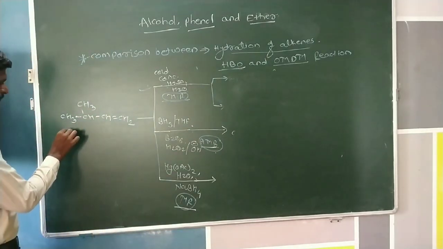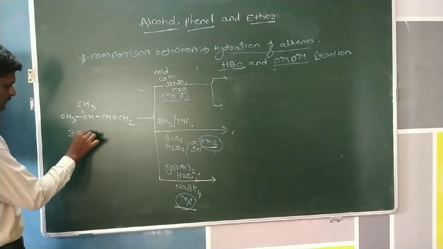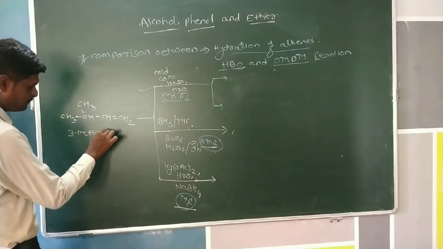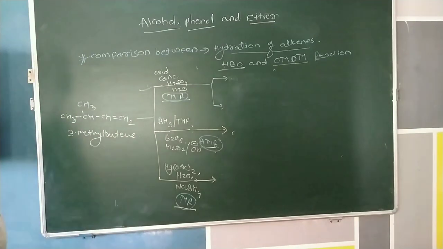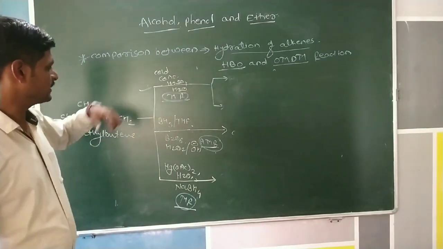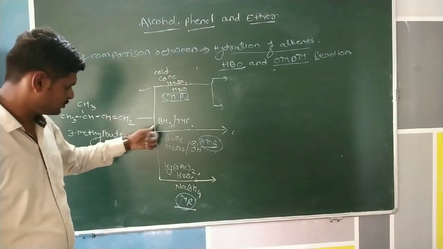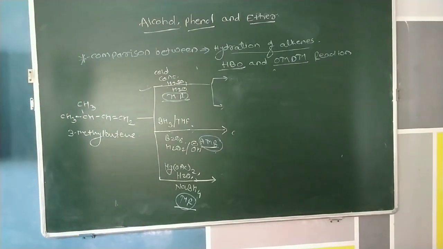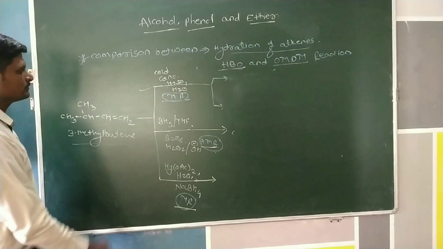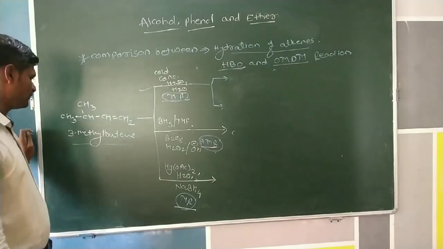It is a 3-methyl butene. This 3-methyl butene undergoes hydration, it undergoes the HBO reaction, and it undergoes the OMDM reaction. In this example, alkene firstly.